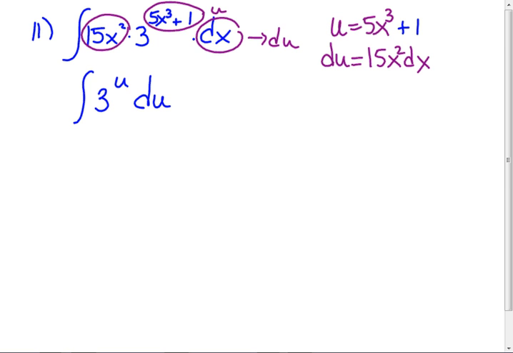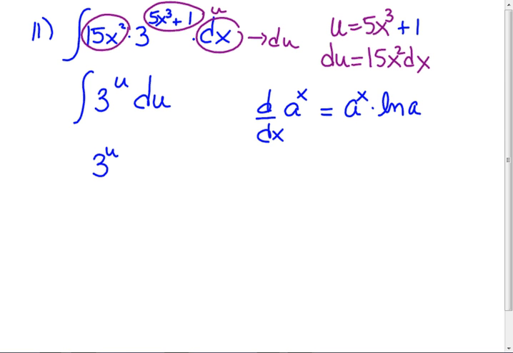Remember that the derivative of a to the x, and you made me prove it yesterday, is a to the x times the natural log of a. So what if you integrate it? You're going to get 3 to the u, but not times the log of 3.